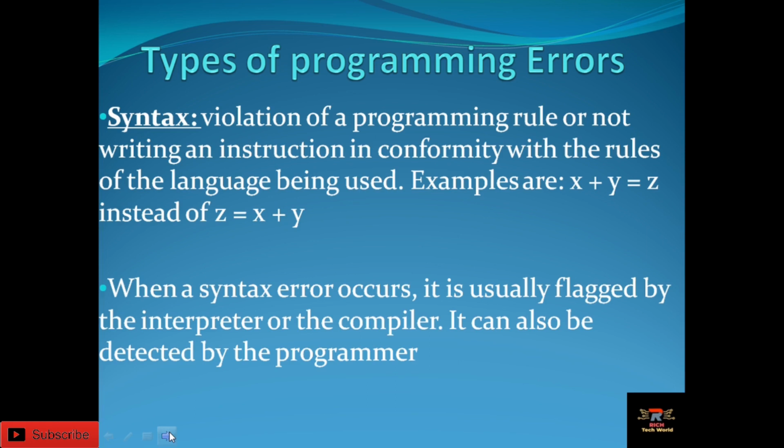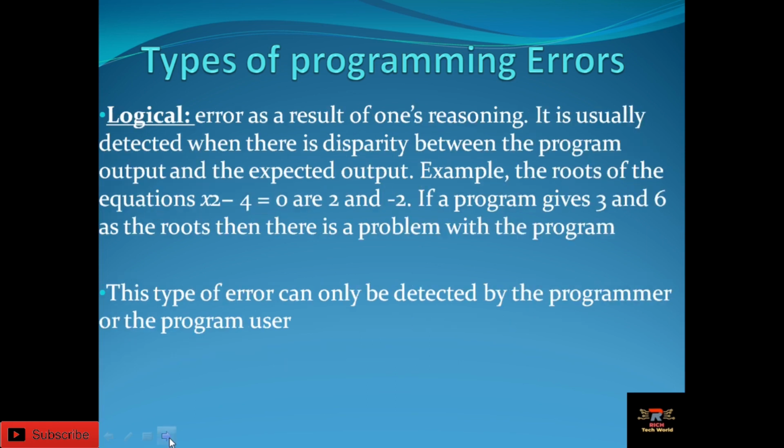Okay, so the next type of error I'm going to talk about is the logical error, which is as a result of one's reasoning. Earlier on, we said that algorithms are logical sequences of instructions written to solve a particular problem. So, it's not just any set of instructions; we are writing them in a logical way in order to get the required output.